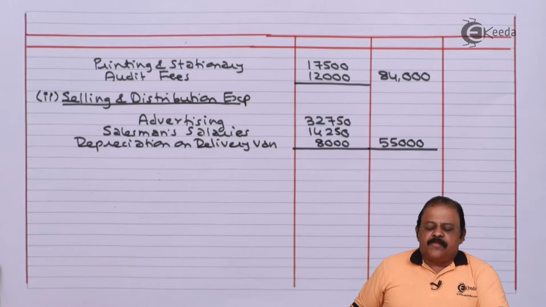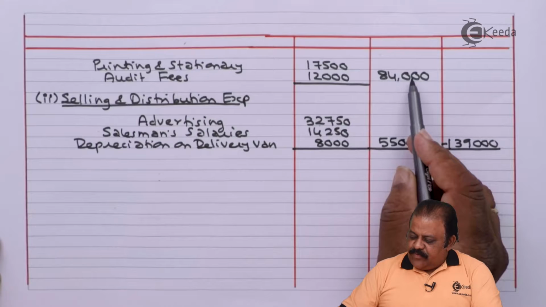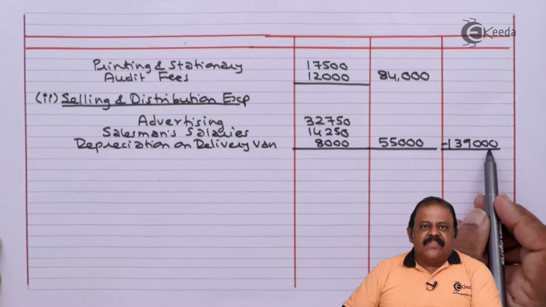Selling and distribution expenses total is 55,000. Now we can get total operating expenses by adding office and selling expenses: 84,000 plus 55,000. Total operating expenses 1,39,000.